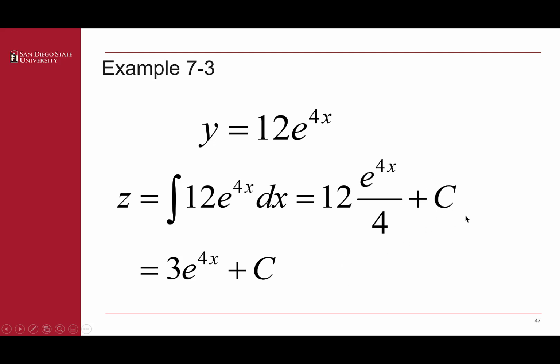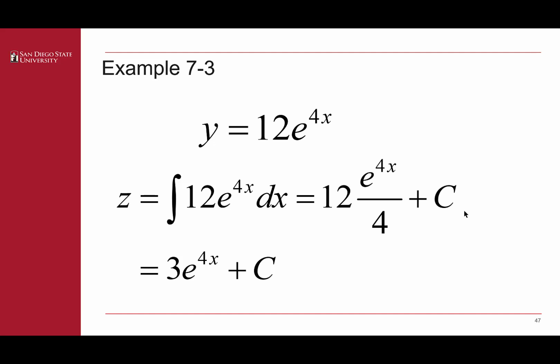And this c comes out of nowhere because we should think of the integral as the antiderivative, the inverse of the derivative. Since the derivative of a constant number is 0, there could be any constant number and we cannot have a clue about that. So this is a downside of having an integral.